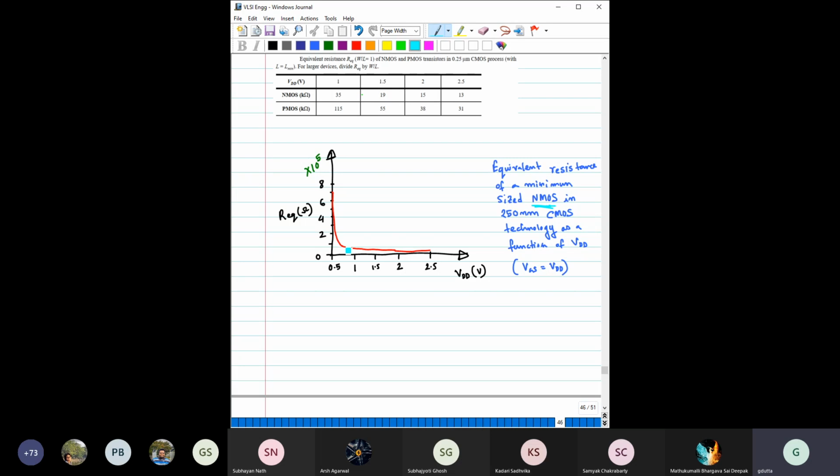Beyond that, the resistance is more or less flat; it is not that dependent on VDD. So remember these characteristics, and from the relationship itself you can guess the nature of the relation between R equivalent and VDD.